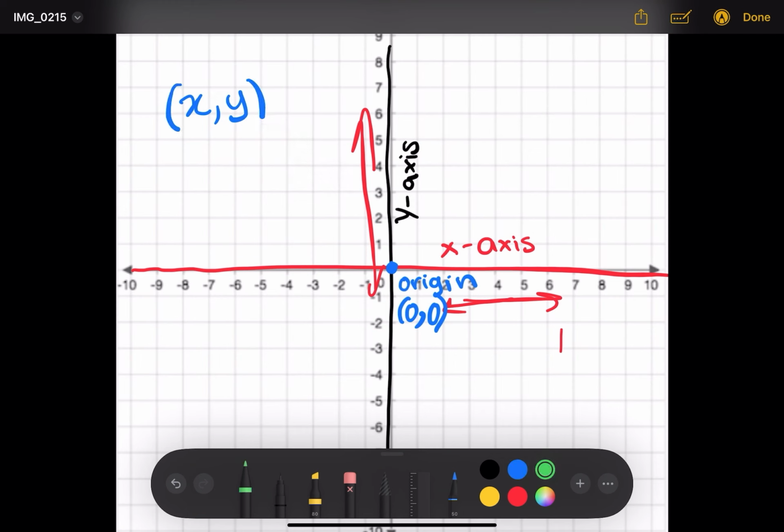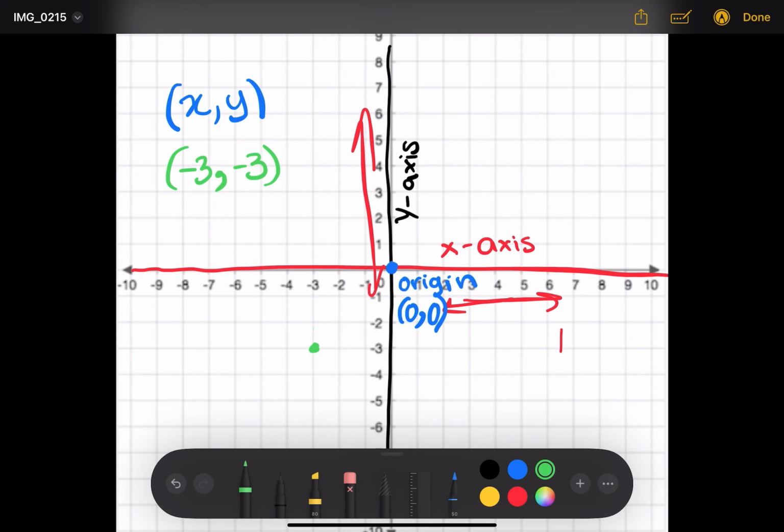So let's say we have this point. It is 3 units to the left, so -3. And then it's 3 units down, so -3 again. So it's 3 units to the left on the x-axis, 3 units down on the y-axis.